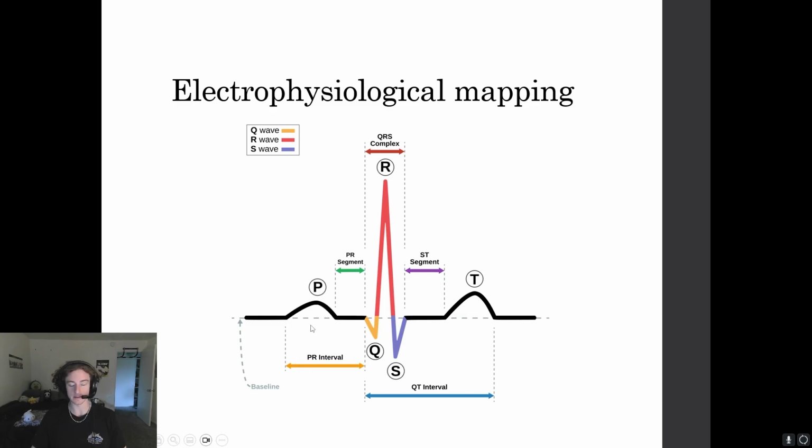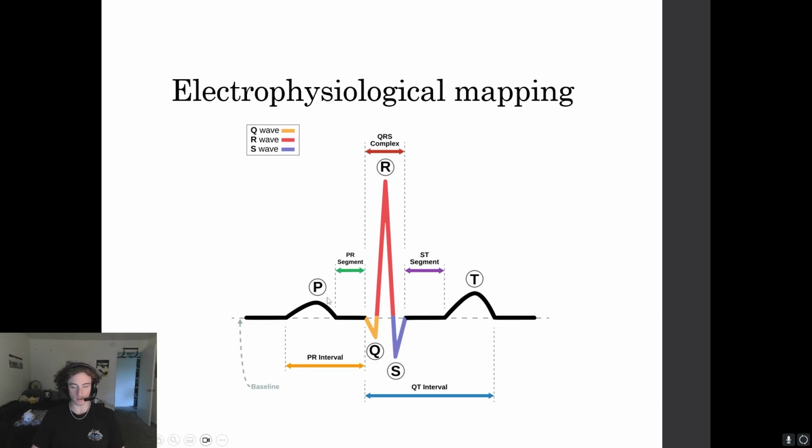We're going to see depolarization, that contracting, right? So the atria is going to be contracting. And then the QRS complex is going to be the depolarization of the ventricle. And while this is happening, you would also see a repolarization of the atria, but it's overtaken by this QRS complex, which is the depolarization of the ventricle. And then the T wave is going to be the repolarization of the ventricle.